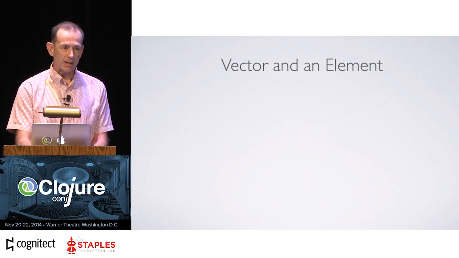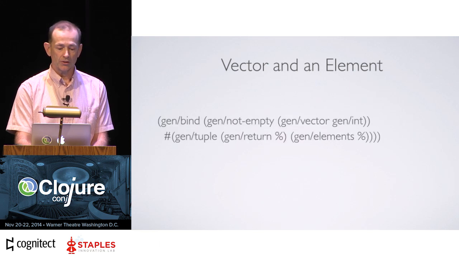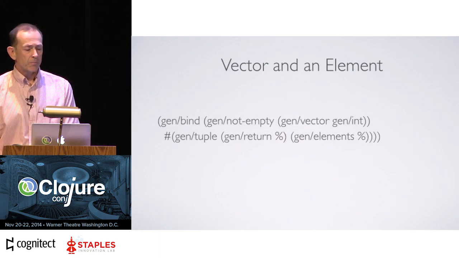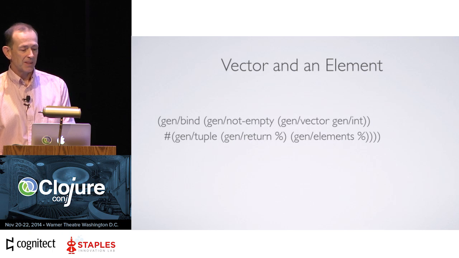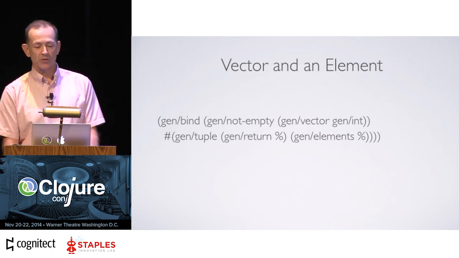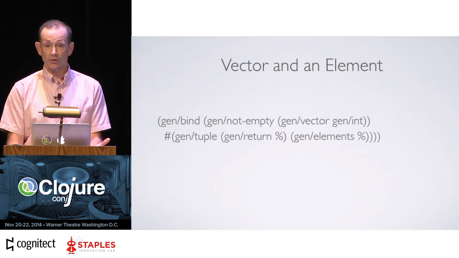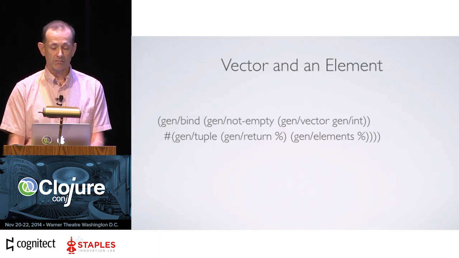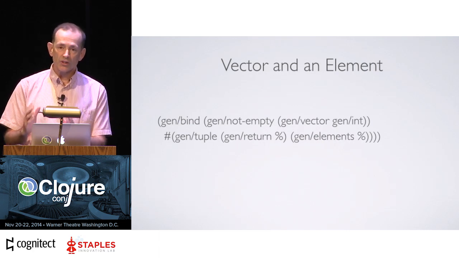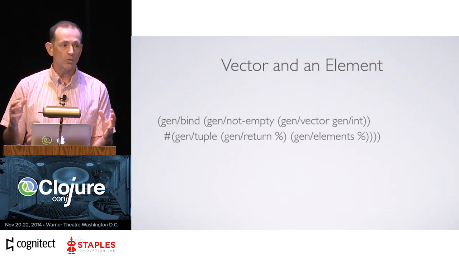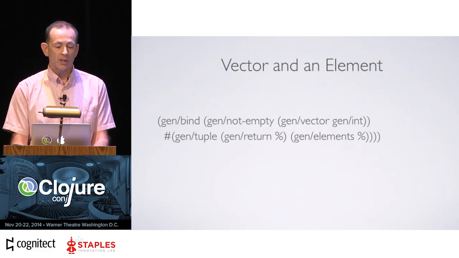So you think about that for a minute, and the obvious way to do that with the generators is this expression. Let me work kind of inside out. At the end of the first line, you can see we say we want a vector of ints. So we generate those ints. And test.check will naturally start with a small vector and then grow to longer vectors.